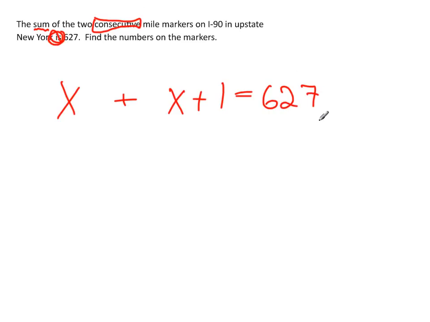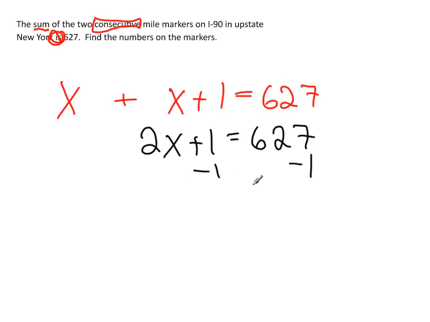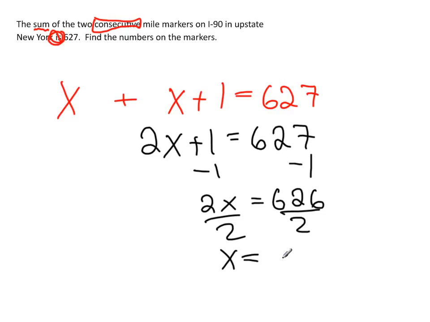So pretty much now we just solve for X. Combine like terms and get X by itself. And we're left with X equals 313. Now be careful. This is just 1 mile marker.